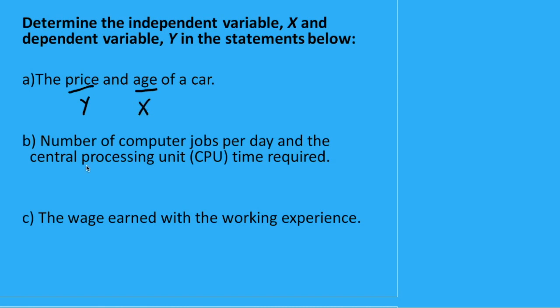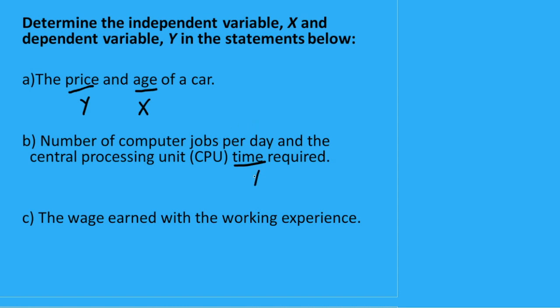In the next example, we have the number of computer jobs and the CPU time required. What do you think would be the x and y variables? So the time depends on the number of computer jobs per day.